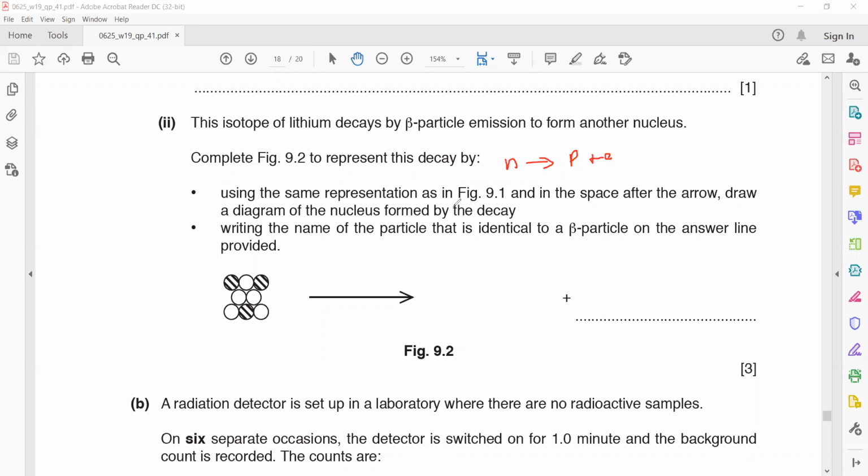Use the same representation as figure 9.1 in the space after the arrow and draw a diagram of the nucleus. So basically the shaded one represents a proton. What happens to the proton number? The proton number will become 4.